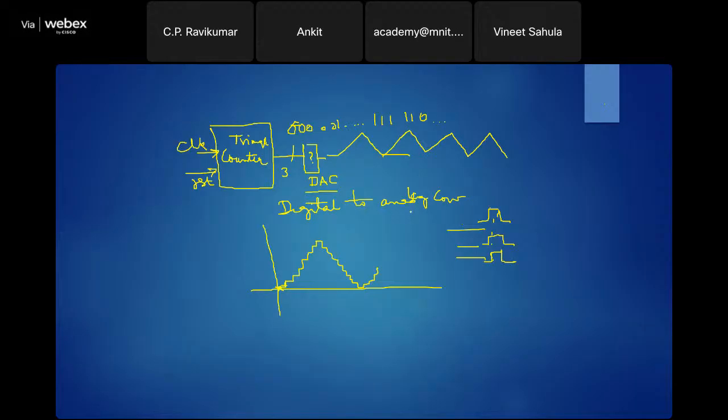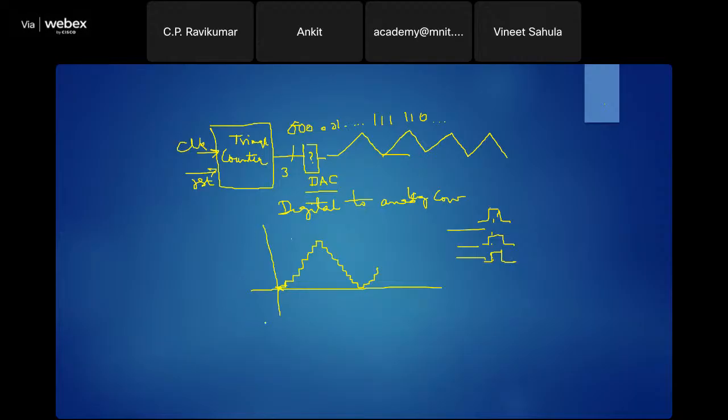I don't know whether you can use an op amp. How do you intend to use an op amp? Okay, never mind. If you have an answer, let me know.